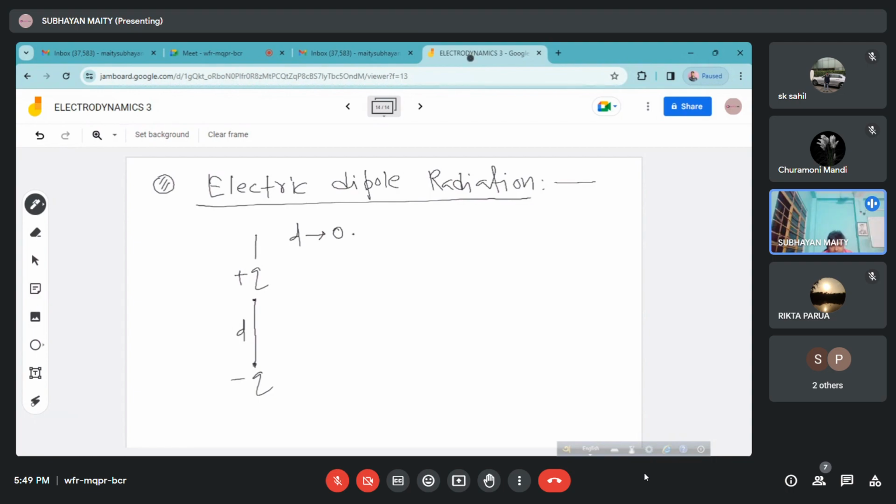This direction is the z axis, this is the y axis, and the direction coming out of the board is the x axis.